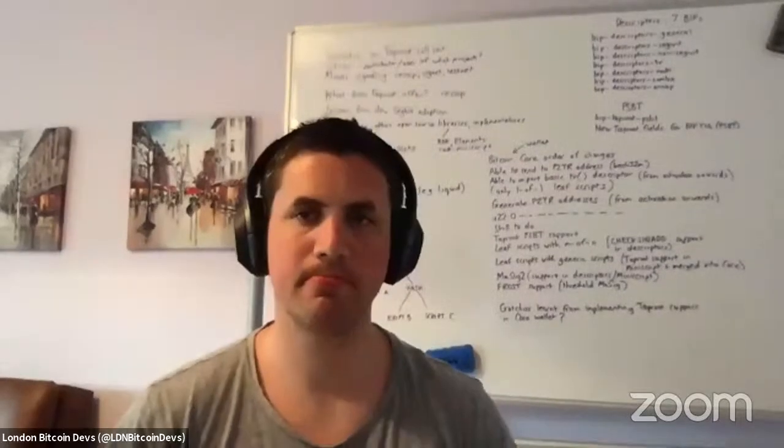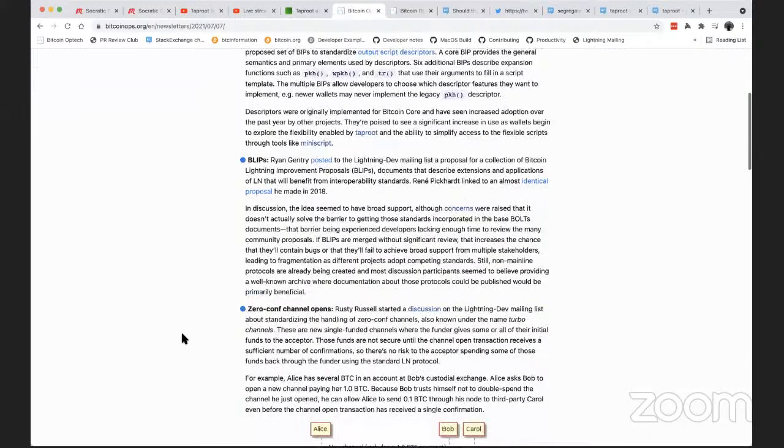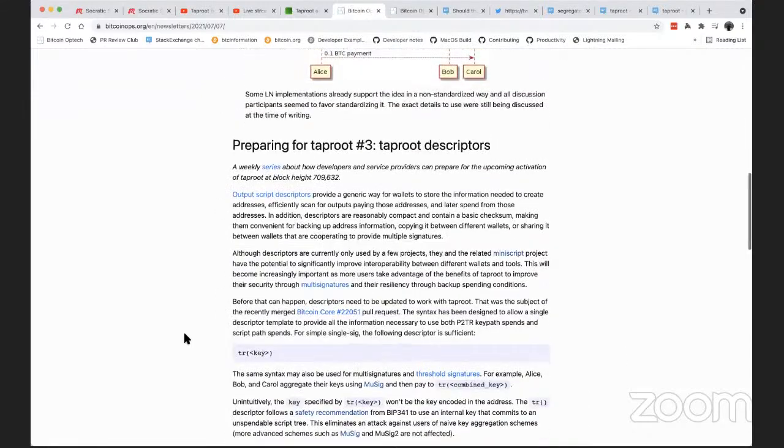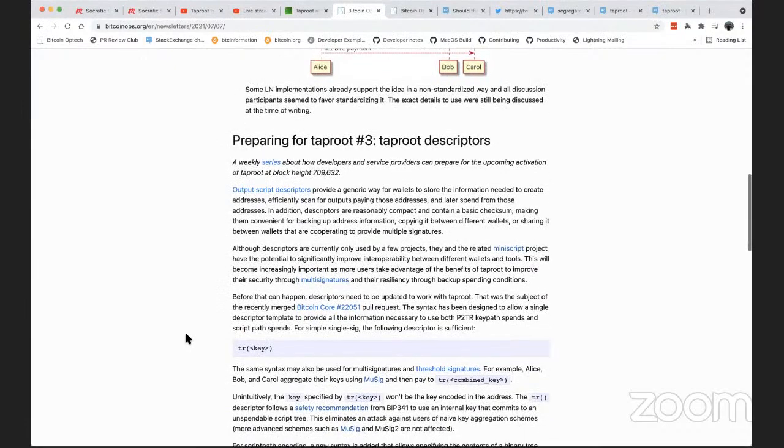So for Core, since we're moving towards descriptors throughout as the main way the wallet handles scriptPubKeys, Peter designed some descriptors for Taproot, and you can use them in a descriptor wallet to get Taproot addresses.